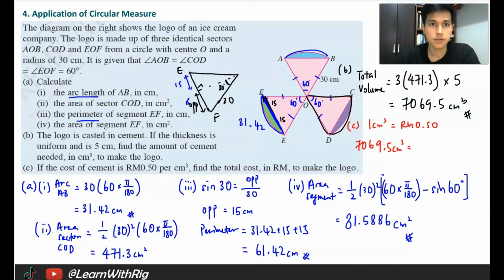Actually, I shouldn't write equal. This one is 7069.5 times 0.50. So your answer should be RM 3534.75. Okay, so this is how you solve this kind of question. It's actually pretty straightforward, right? This question looks long, but it's actually very straightforward.